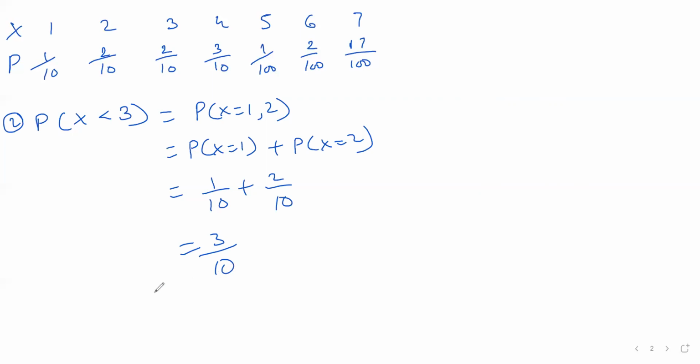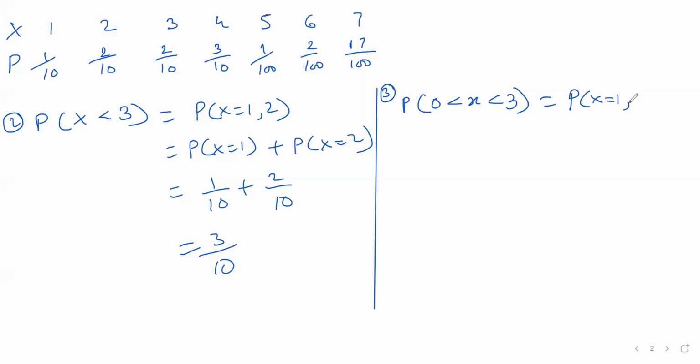Then next, the third one: the probability that X is in between 0 and 3. This is the same as the probability that X is 1 or 2. So that is the probability that X is equal to 1 plus the probability that X is equal to 2.